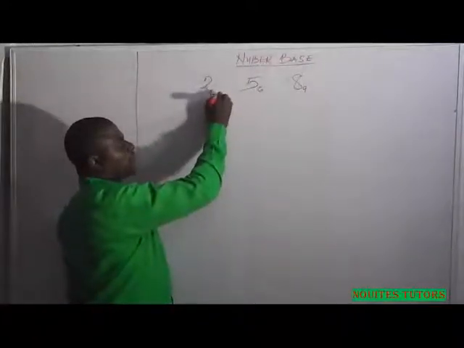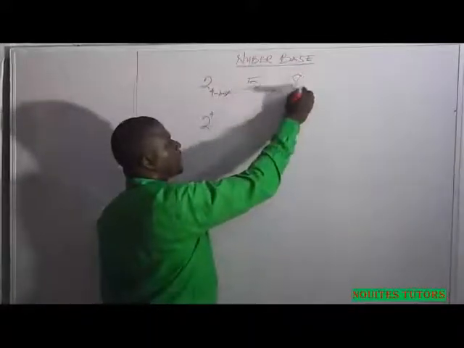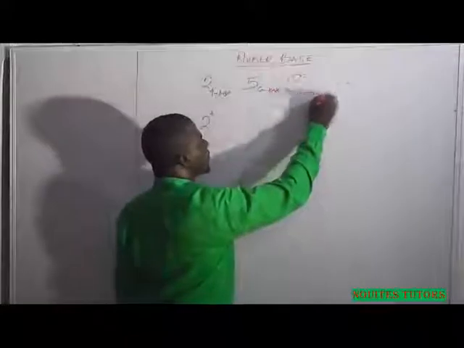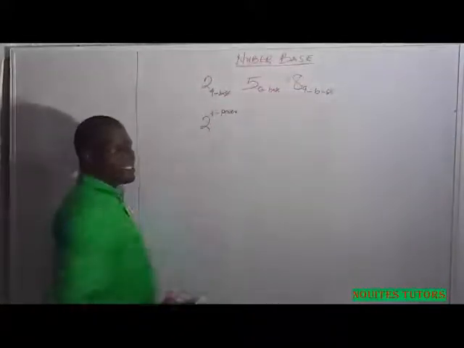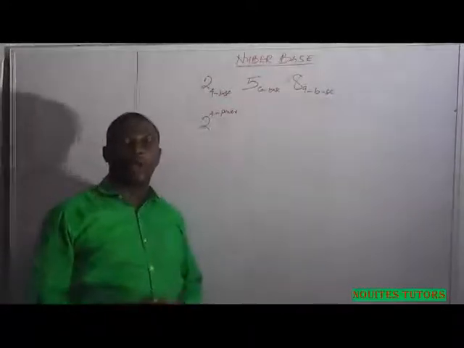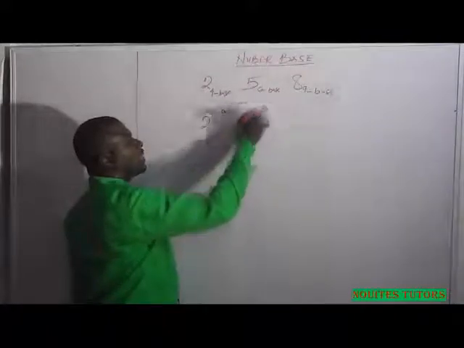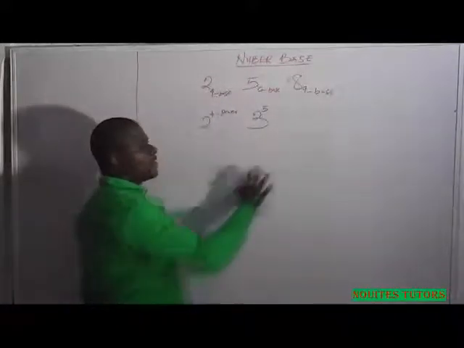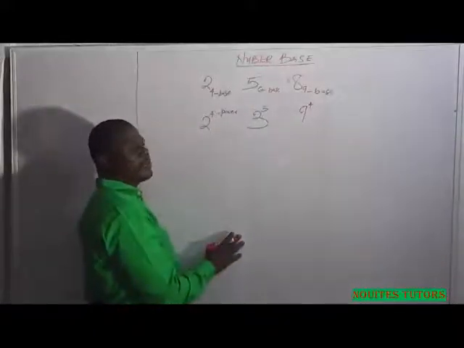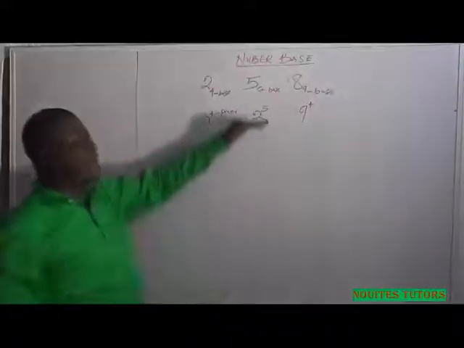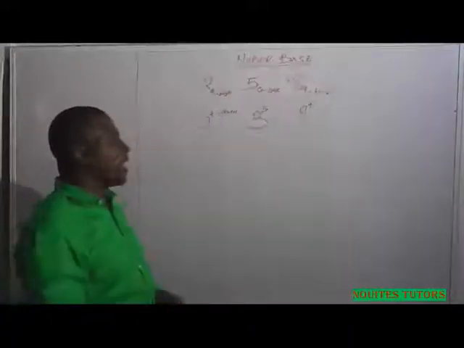So this one is a base, this one is a base. But when you have it like this, this one is power, or you call it index, or exponent. So if I write 3 like this, 3 power 5. If I write 9 like this, that's 9 raised to power 4. So when that number is on top, it is power, but when it is down, it's a base. So I hope we are clear with that.